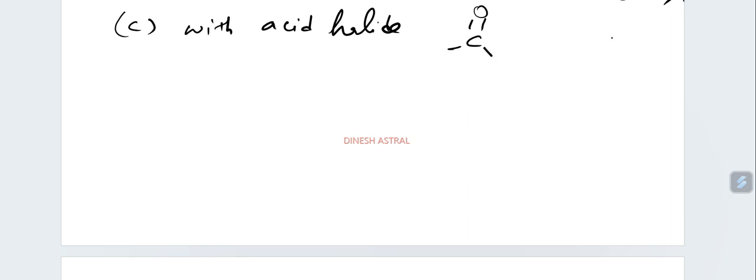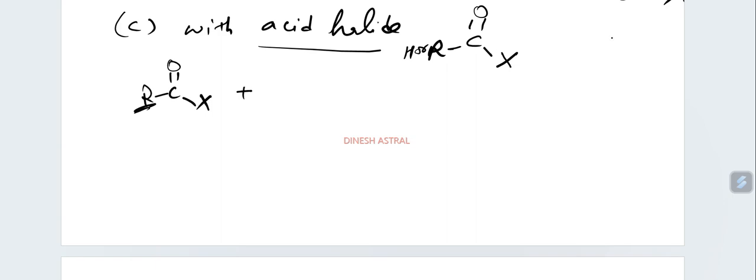This carbonyl group contains a halogen on one side, and the other side can be a carbon group or simply a hydrogen also. This is what an acid halide is. Let us write now Grignard reagent. Same thing here also.